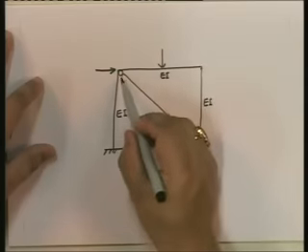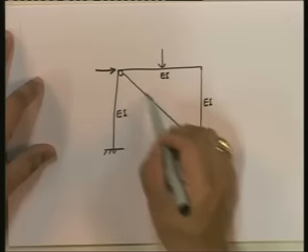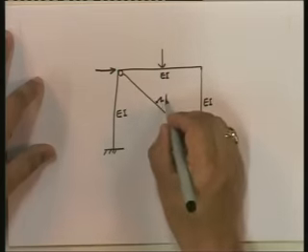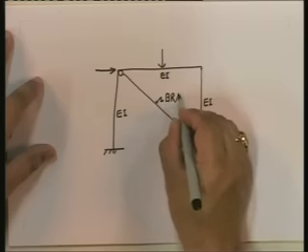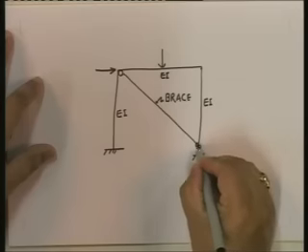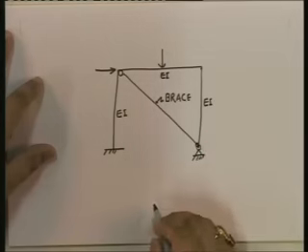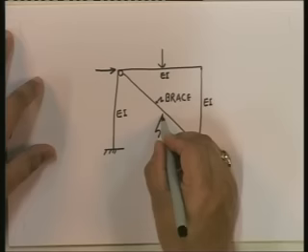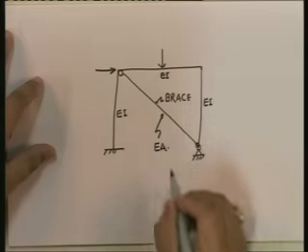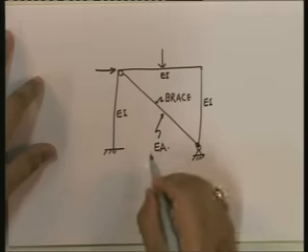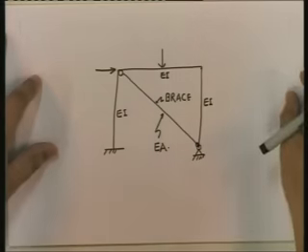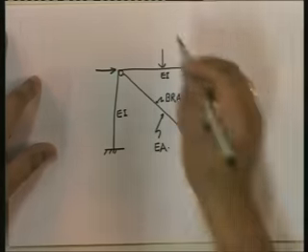Note that this pin is only the connection of this brace. So it is pinned at both ends, and it is only subjected to axial force, so the only definition that we have to do is to define its axial rigidity.